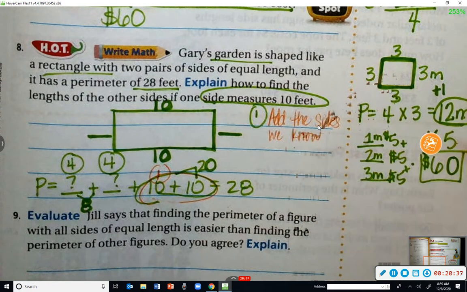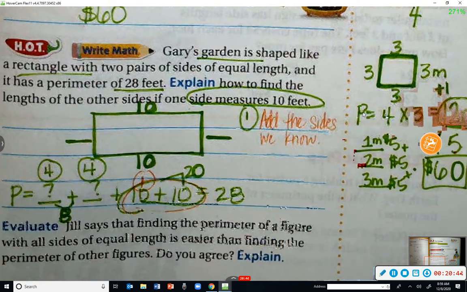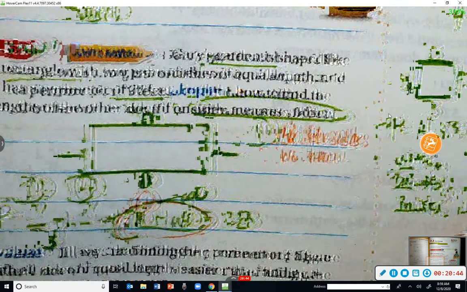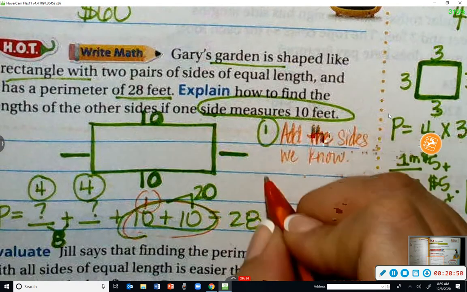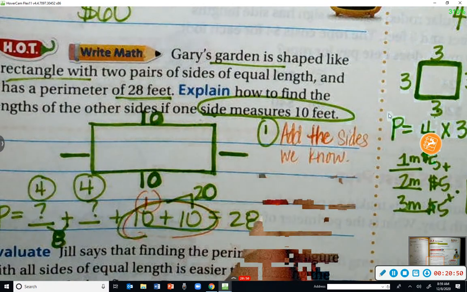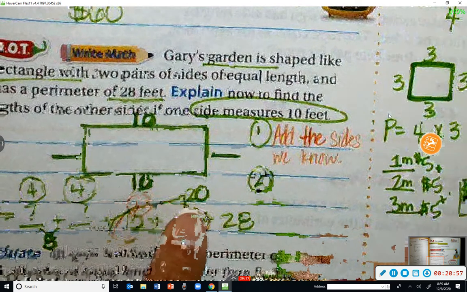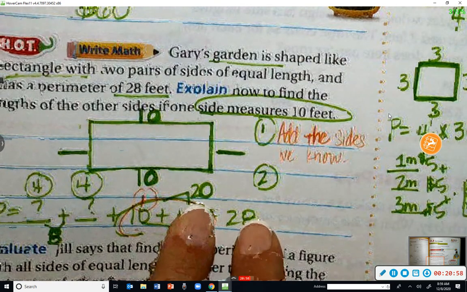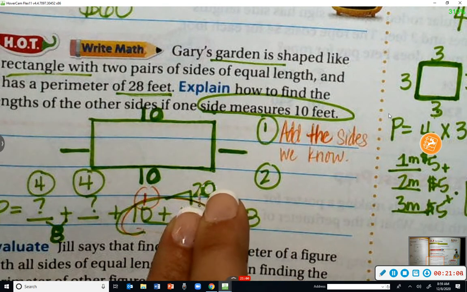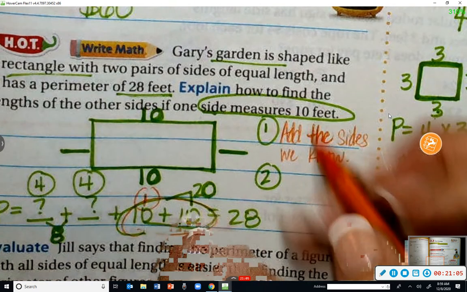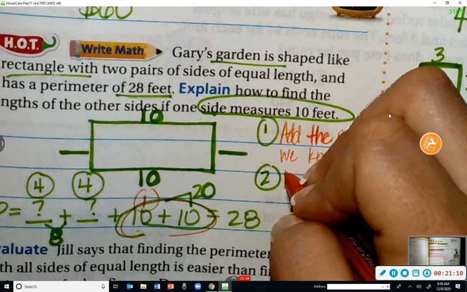We knew 10 plus 10. 10 plus 10 equals 20. Okay. Then what did we do second? We figured out how much was left to equal 28, right? Yes. So that's actually doing what? 28 minus 20. So we take the perimeter and subtract.